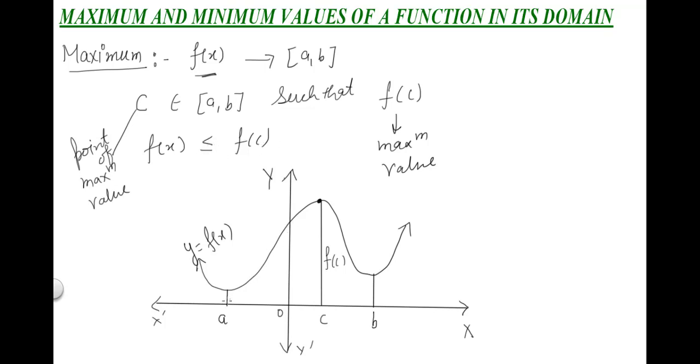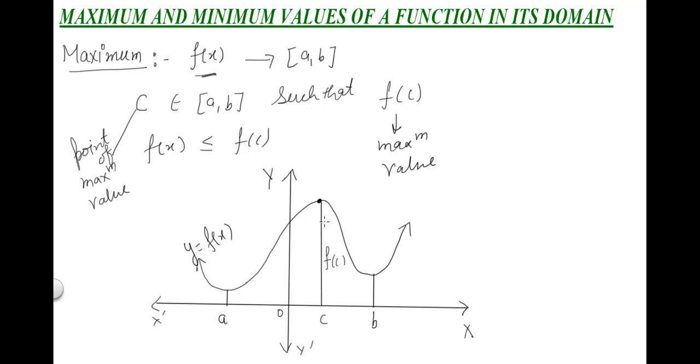You put any values between the interval, and all the values are less than f of c, whether on the left side or the right side of the point c. F of c is the maximum value of the curve drawn. Clear? So this point is known as point of maximum, or the value is known as maximum value of the function.